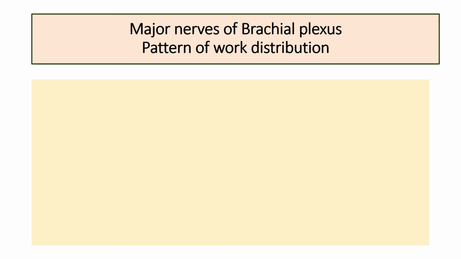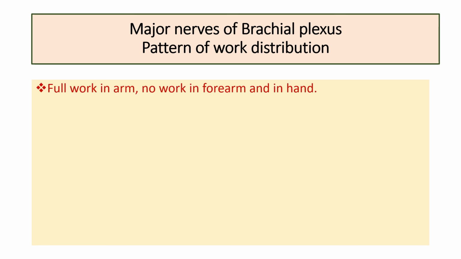Hope now you are in a position to analyze the pattern of work distribution of the 4 major nerves of the brachial plexus in relation with the arm, forearm and hand of the upper limb.